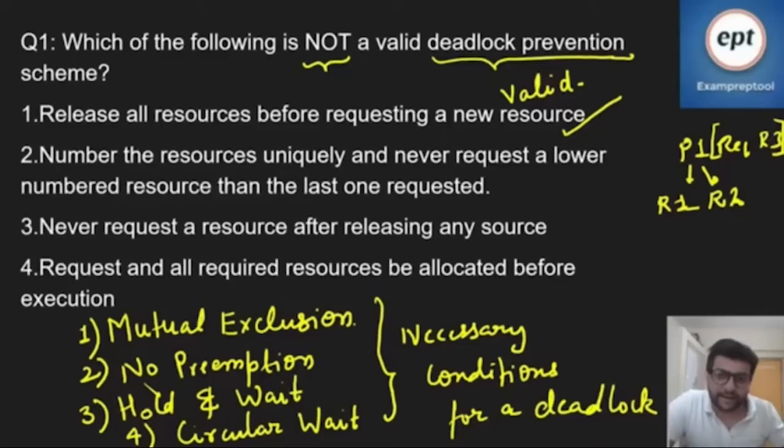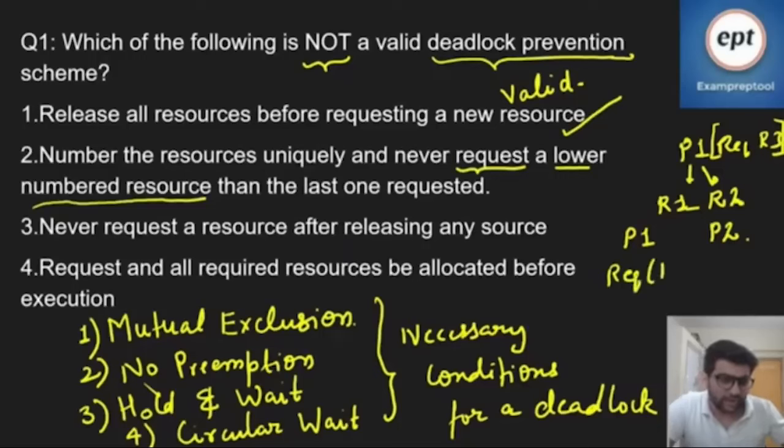The second option says: number the resources uniquely and never request a lower numbered resource than the last one requested. Let's say we have a process P1 and a process P2, and we are not allowing a process to request a lower numbered resource. Let's say P1 wants R1 and P2 wants R2.